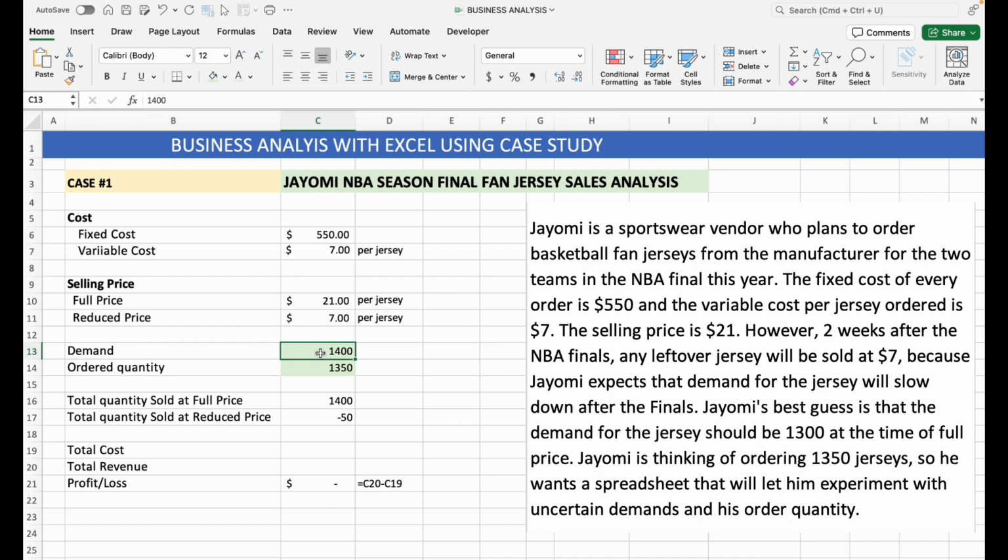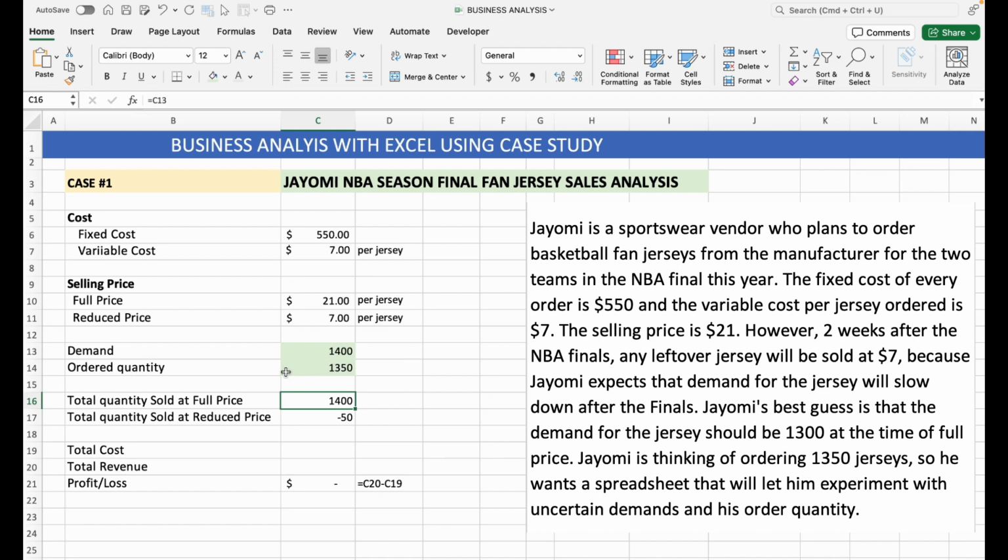It means if you order 1,350, it would have sold the 1,350 at full price, and there won't be anything to sell at reduced price, and we cannot have a negative value for selling. So how do we solve this? Whatever will be sold at full price should be the lowest value between the demand and the ordered quantity.